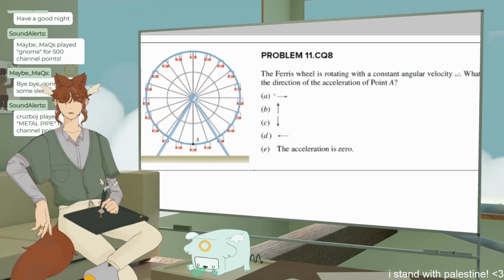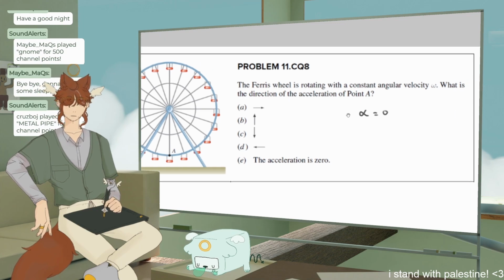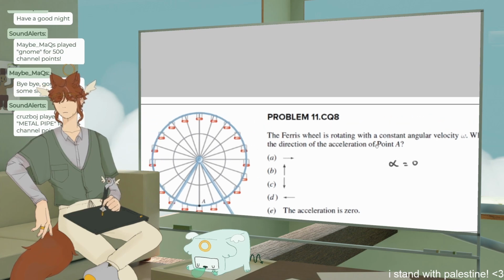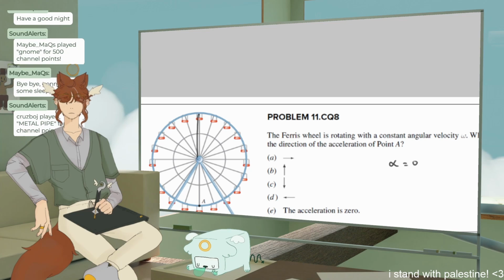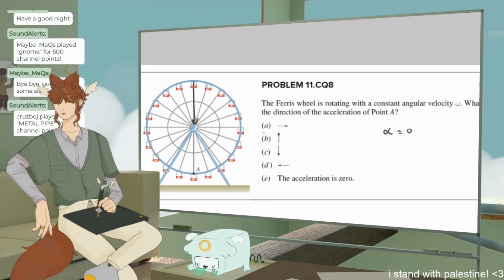Ferris wheel is rotating with a constant angular velocity. So with a constant angular velocity, that means we have an angular acceleration of 0, right? Because our velocity is not speeding up or slowing down. Which means the only other acceleration we could possibly have is pointing into the center of the Ferris wheel. That is our normal or radial acceleration.